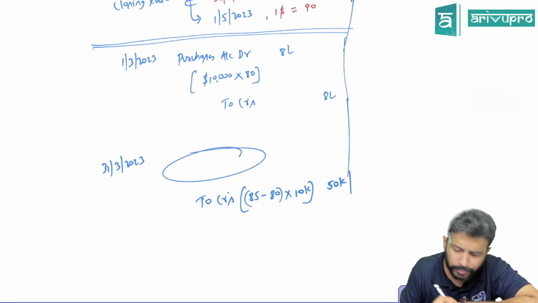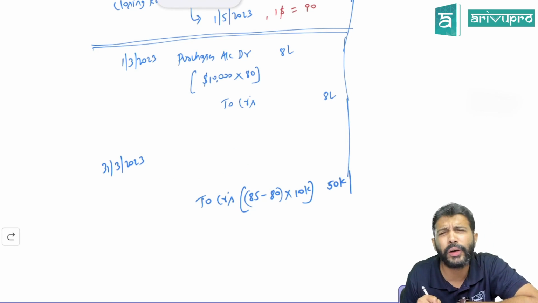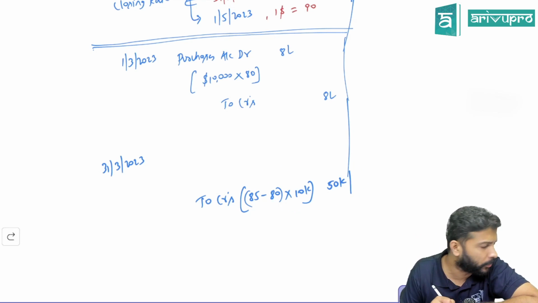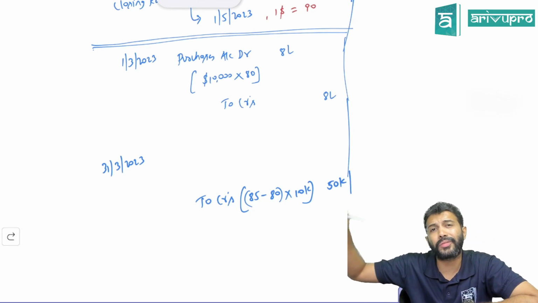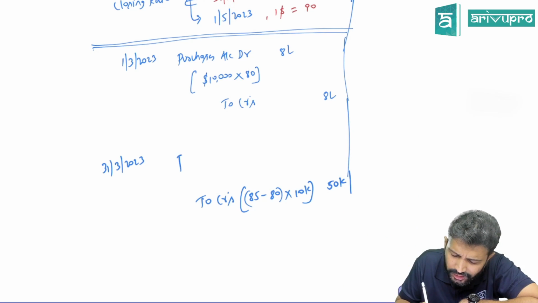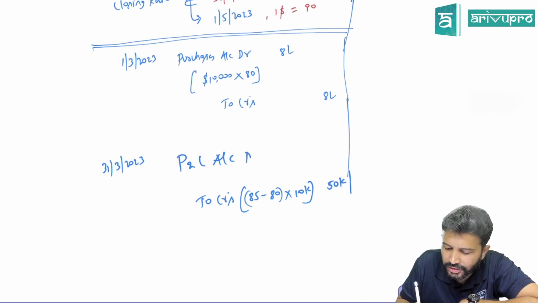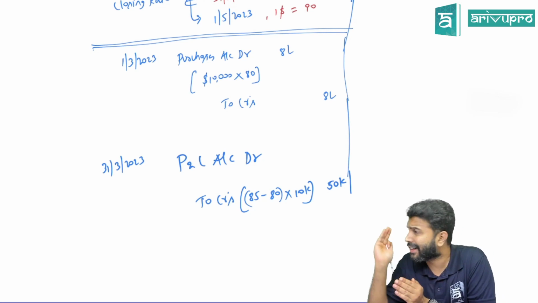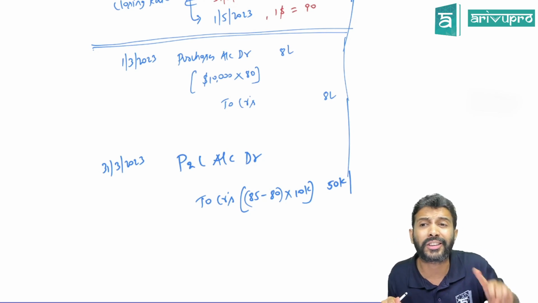I have to debit something. Can I write purchase account debit? Again, did I purchase on 31st March? Why is this difference coming? Only because of foreign currency fluctuation. So foreign currency fluctuation of a monetary item directly goes off to P&L. It doesn't matter whether it is a gain or a forex loss.